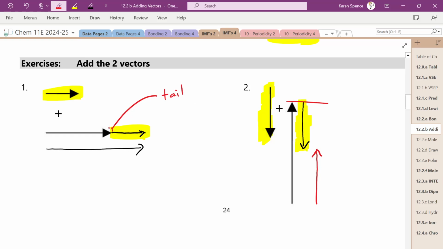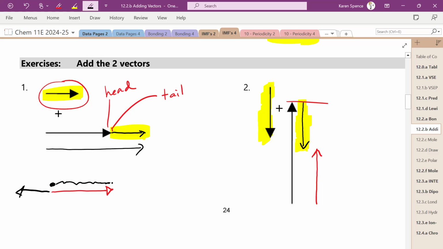And one thing I want you to notice: we have a tail, and we have a head. I want you to think about adding vectors like being somewhere you could walk. If I walk forward like this, I don't want to move this one, so it's over here. Because if I start here and I walk, I would have to teleport back to here and then walk that way.